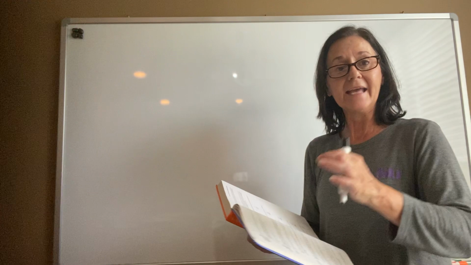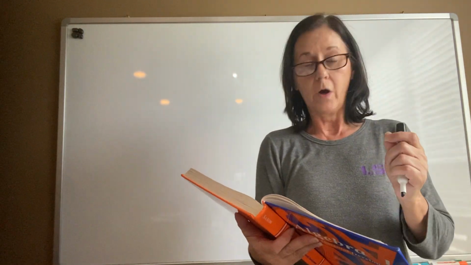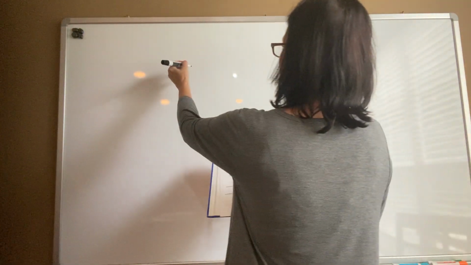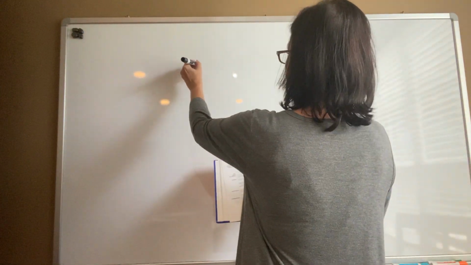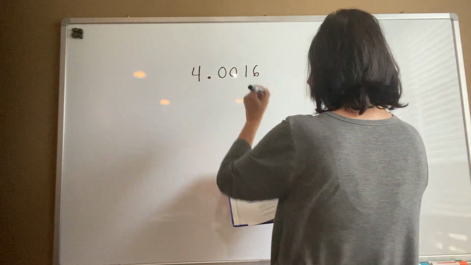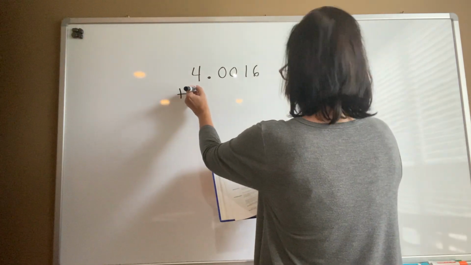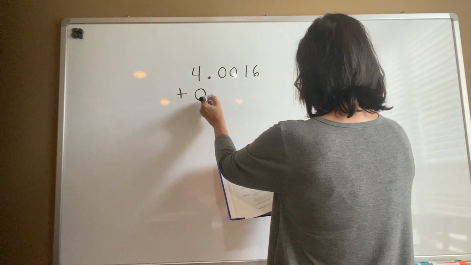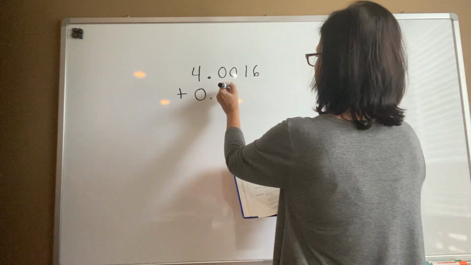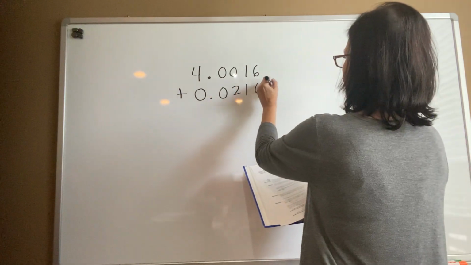When we add decimals, we have to write the numbers one on top of the other and we line up the decimal places. So this is 4.1. I'm going to add 4.0016 and I'm going to add to it 0.0216.